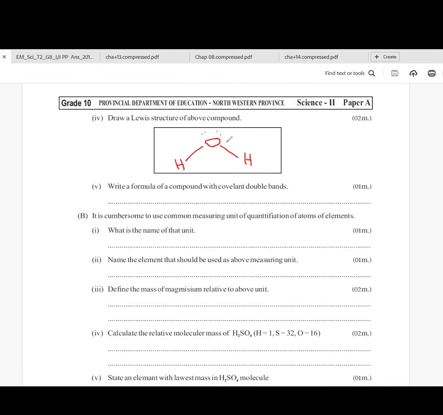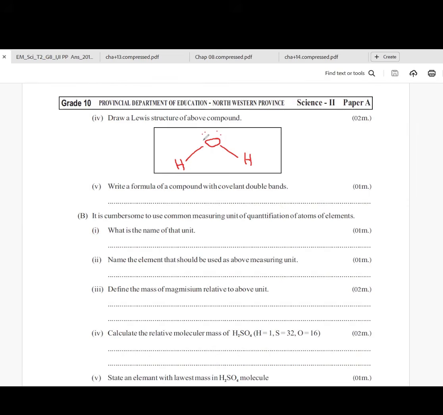One is from oxygen, the other one is from hydrogen. And always in oxygen, in the outer energy level, it should contain 6 electrons. That is why we have drawn another 2 lone pairs to make it 6. And now, after counting all the total electrons here, after sharing, you can see oxygen contains 8 electrons: 1, 2, 3, 4, 5, 6, 7, 8.